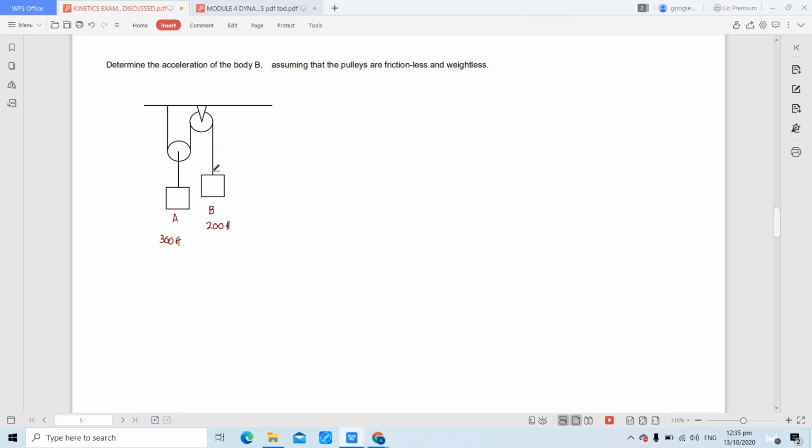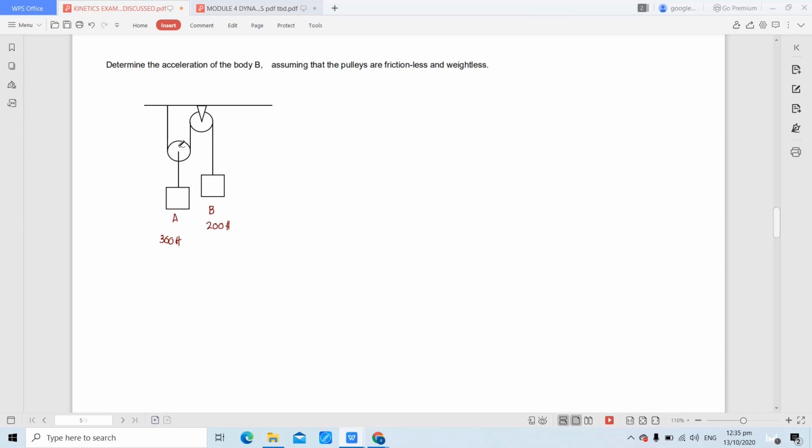So, to relate, tingnan nyo to. Kapag tumaas yung body B, bababa yung body A, di ba? Pero hindi natin alam yung distance traveled nila. Pero kung i-assume natin 10 feet, tataas ng 10 feet yung body B. So, tataas yung ating cord o yung cable dyan, and then bababa dito.